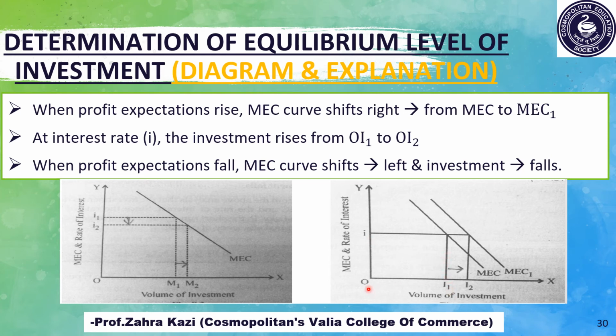The initial investment was OI1, but because there is a shift in the MEC curve from MEC to MEC1, the level of investment further rises from OI1 to OI2. On the other hand, when profit expectations fall, the MEC curve will shift towards the left, and as a result the investment level will also fall.